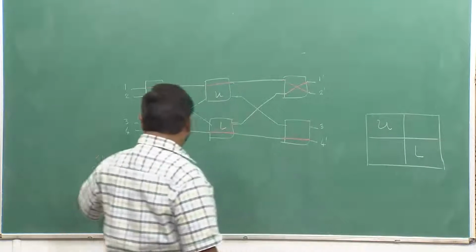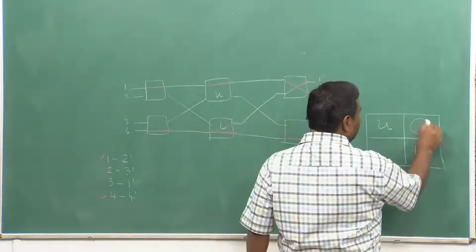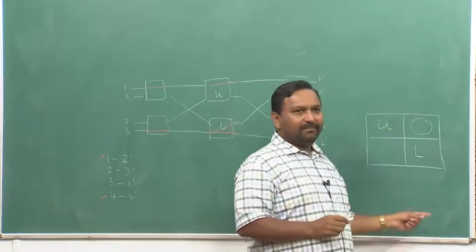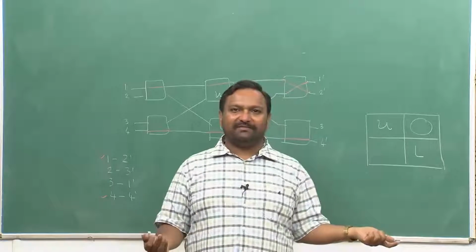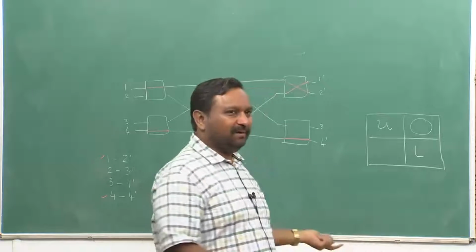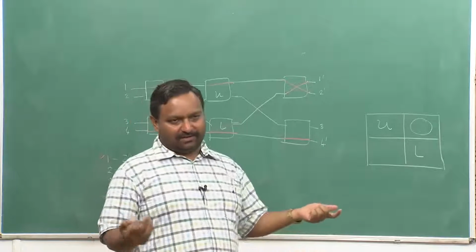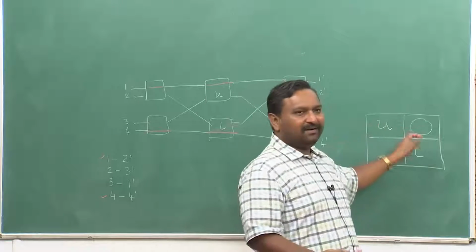Now, when I am trying to connect 2 to 3, I am trying to put an element here. Look at the row, look at the column, the union of these two consumes all the symbols, there is no symbol available. Condition A of the Slepian-Duguid is not satisfied, but B is satisfied, I can find a pair.